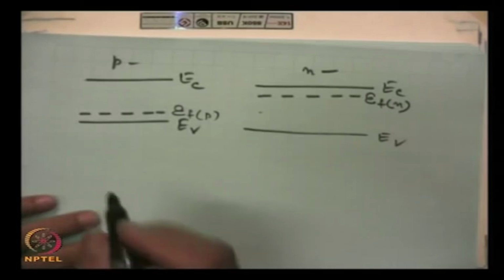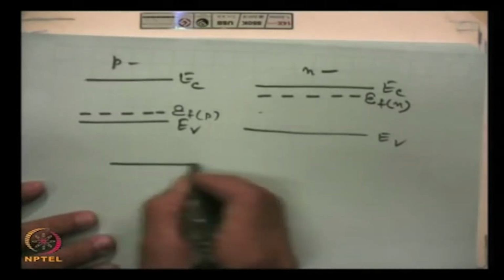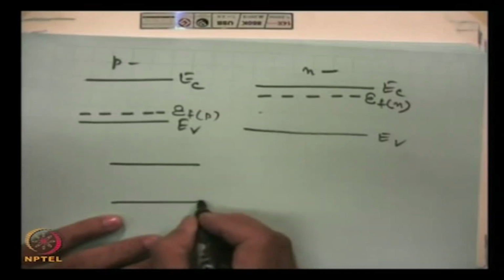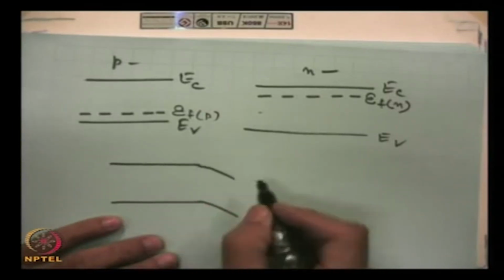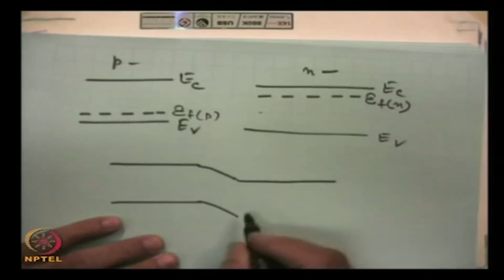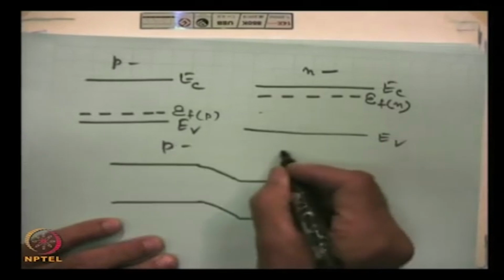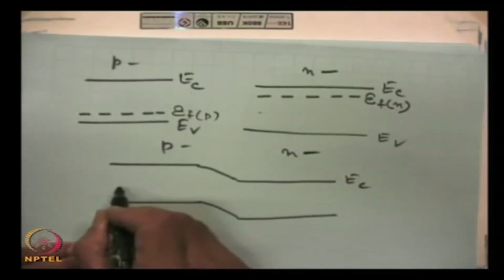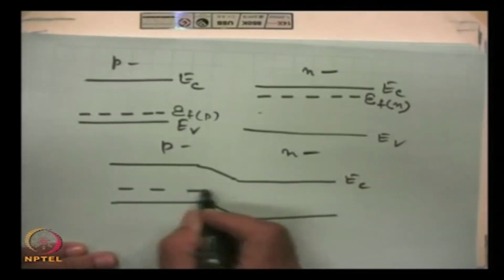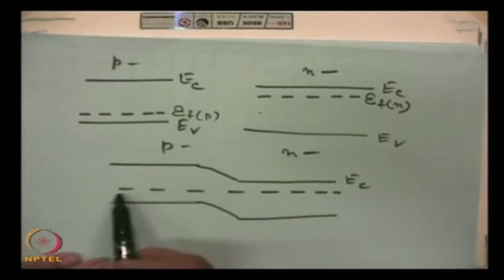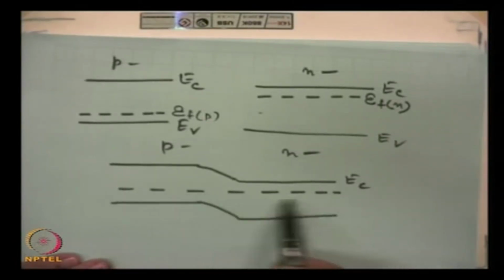Let us see here. This is the p side, this is the n side, and here the Fermi level throughout the crystal is aligned and becomes the same.